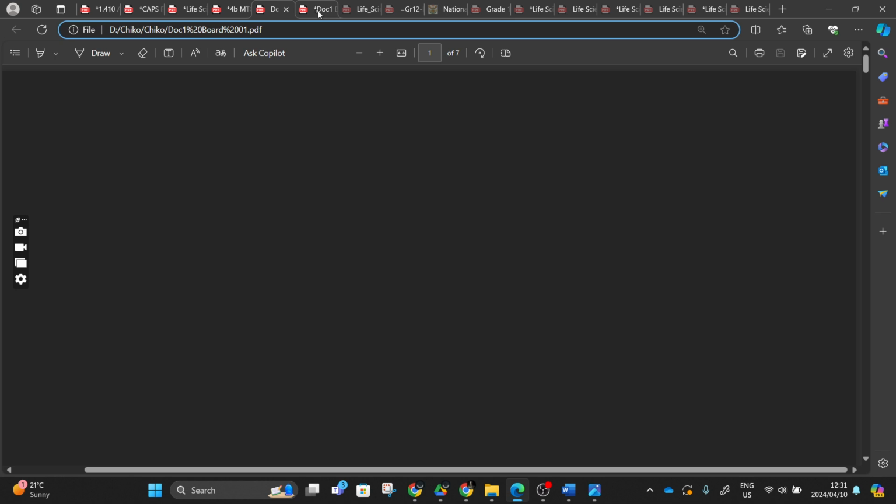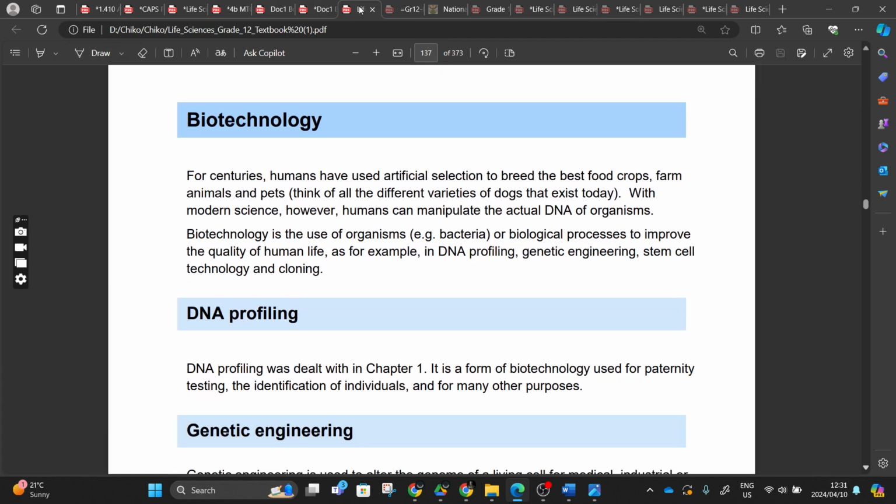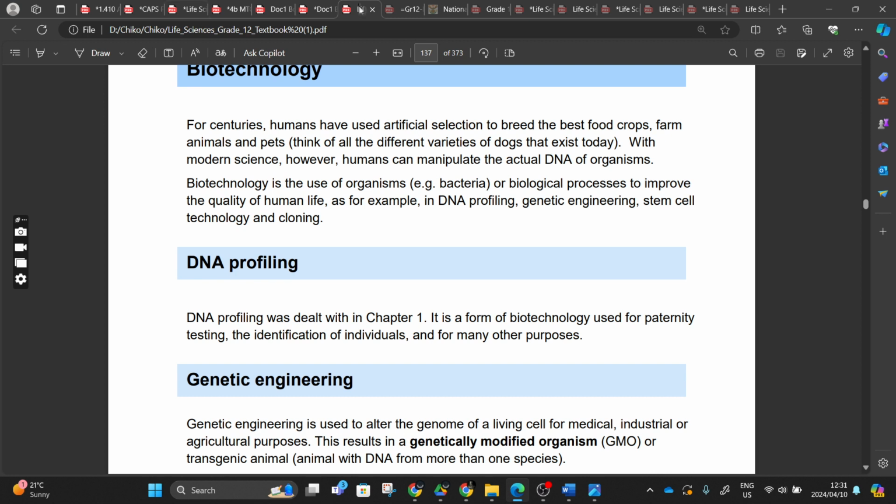We also did this under our textbook. We did biotechnology. Today we'll do DNA profiling. You can see even in our textbook, they just include DNA profiling, right? And then they said you did this in chapter 1, and previously we were doing blood grouping, so now we'll do DNA, so that we cover everything accordingly.